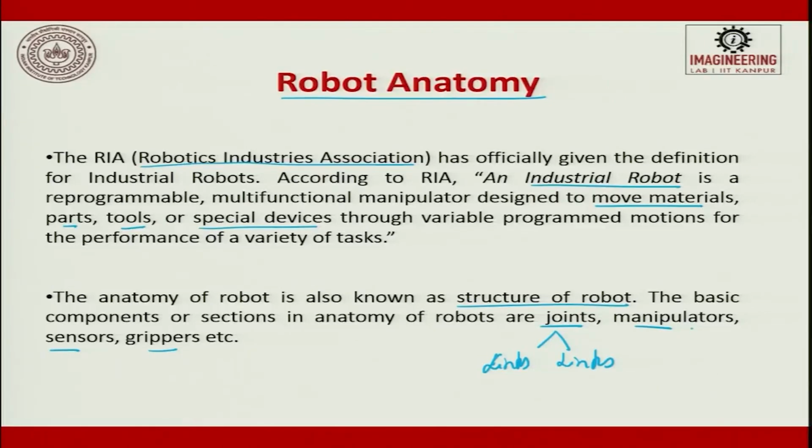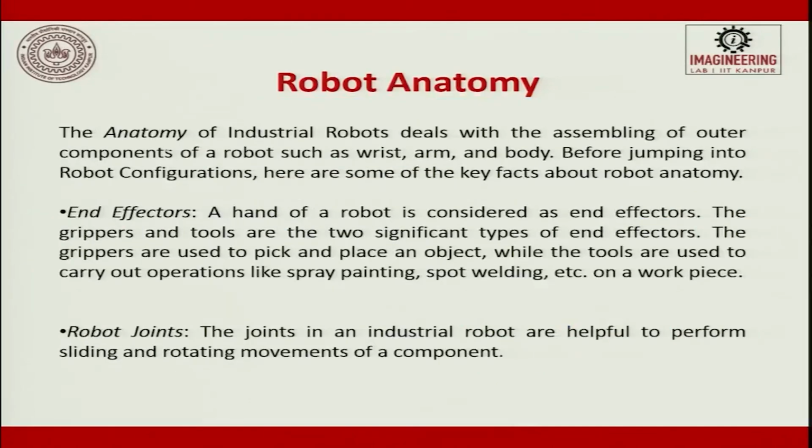Manipulator is the end effector. Depending upon the job, it changes. Then you have sensors, you also have grippers, etc. So, these are the basic components of robo. The anatomy of industrial robo deals with the assembling of outer components of a robot such as wrist, arm, body.